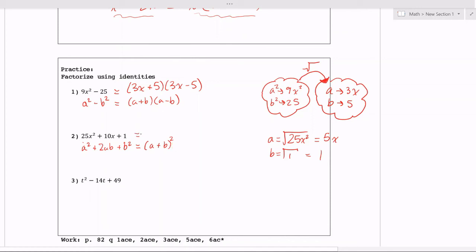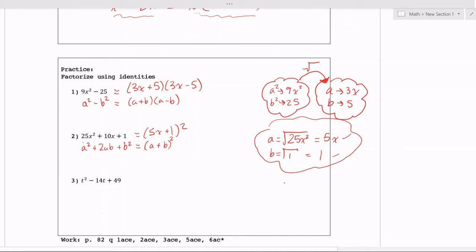So because it's a plus b squared, I'll look over here, and I'll use a and b. Doesn't seem too tough. 5x plus 1 squared. Okay, this is weird because I'm not really doing too much math, but I'm getting an answer. The only math I'm doing is memorizing some rules and then using square root, which is not a crazy hard thing. The square root of 25, that's not too stressful.